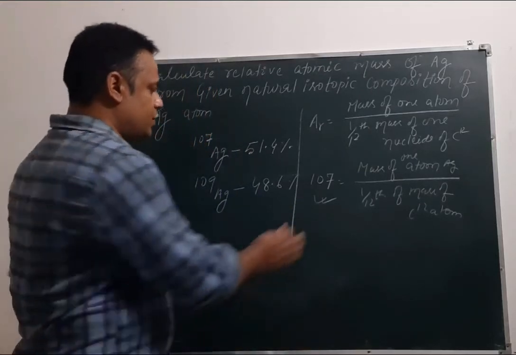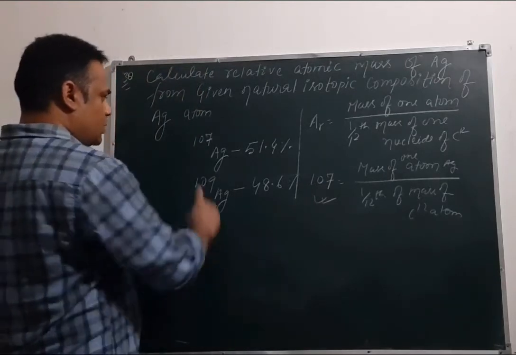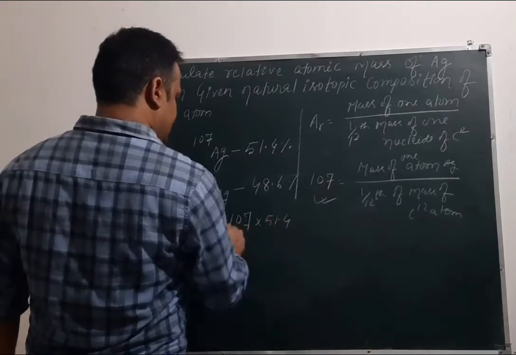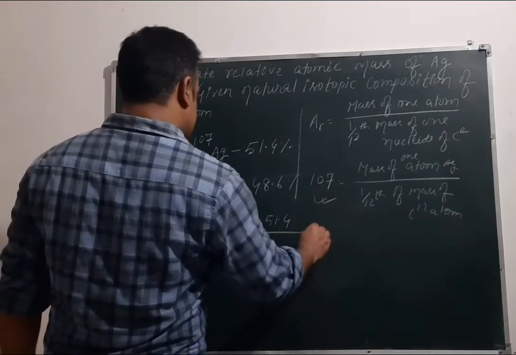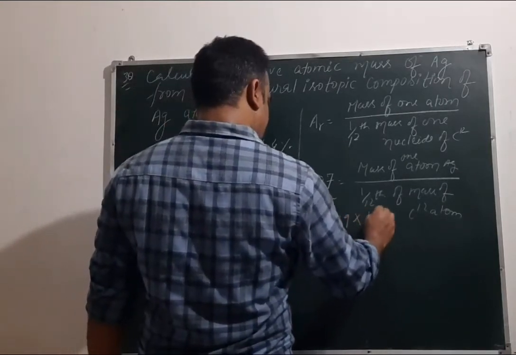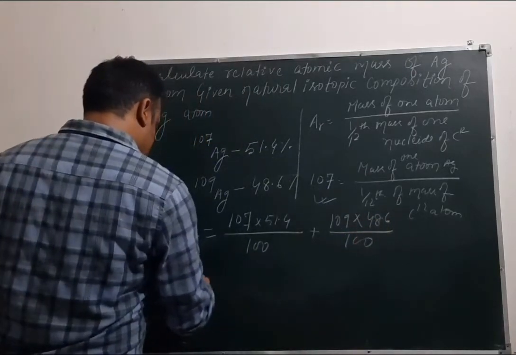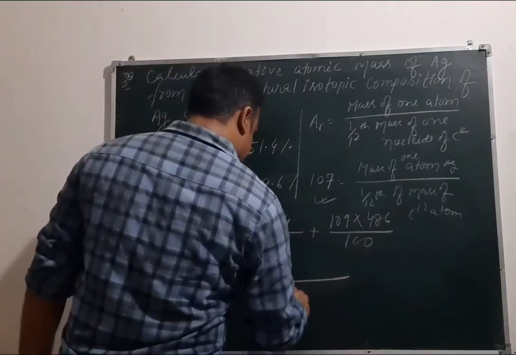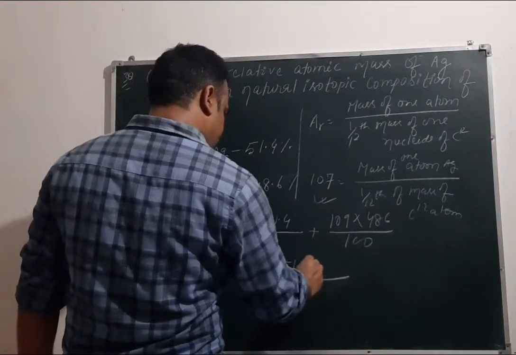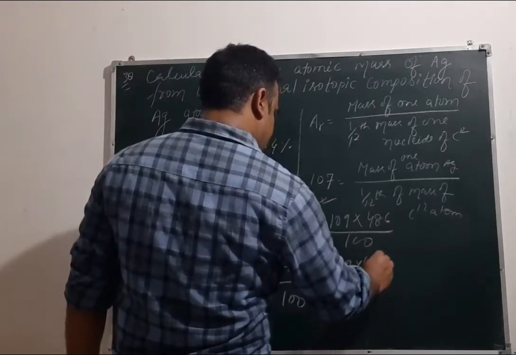So to solve this question, we'll write AR is equal to 107 multiplied by 51.4 divided by 100 plus 109 multiplied by 48.6 divided by 100. If we take 100 common, we'll have 107 into 51.4 plus 109 into 48.6.